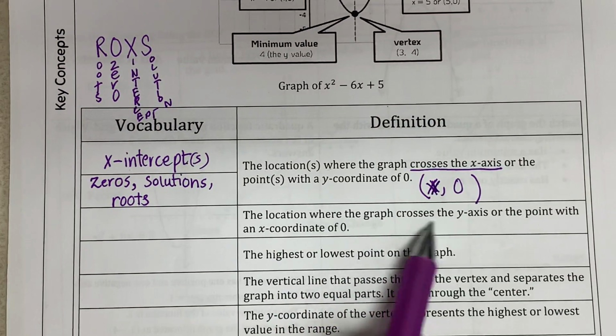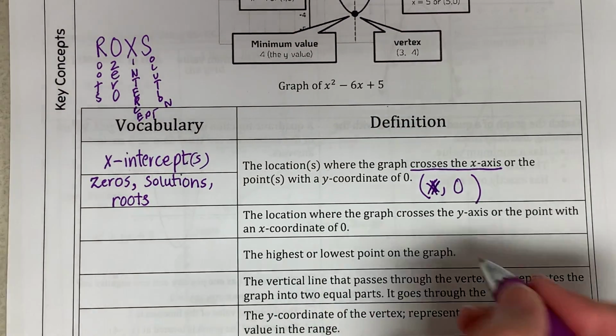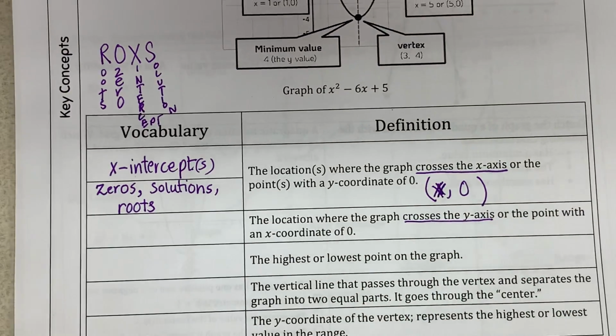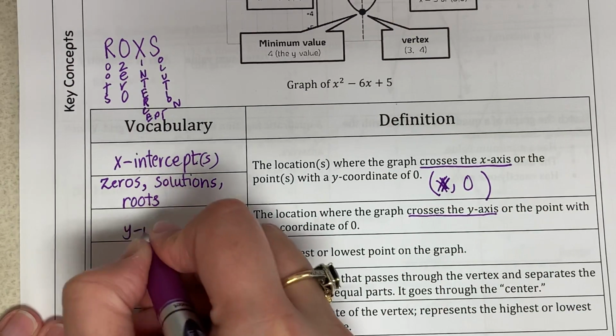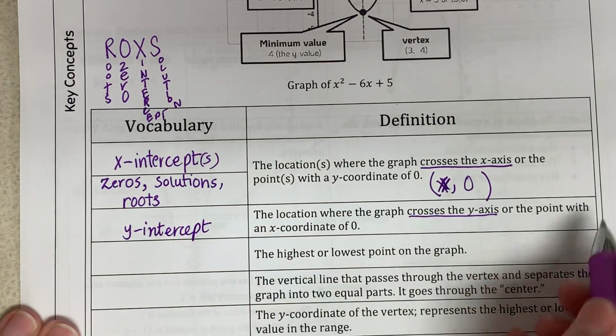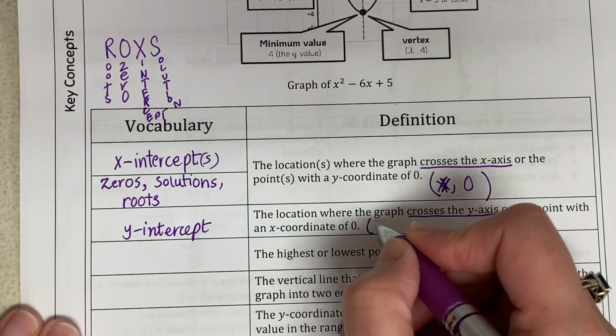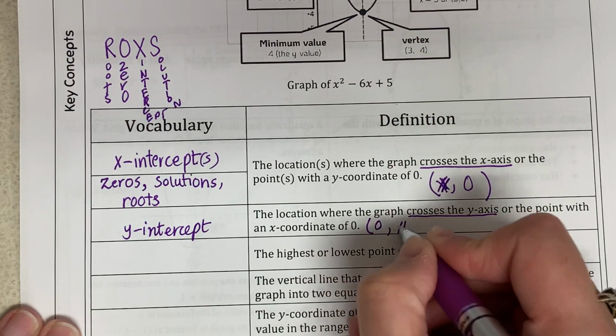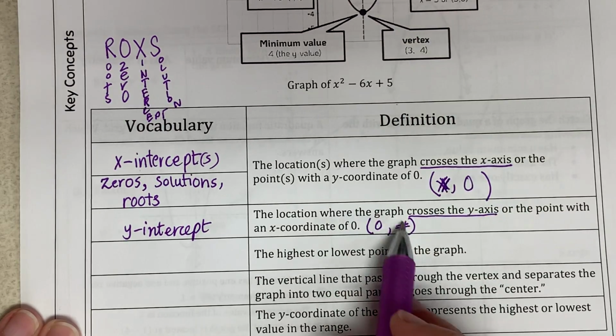The location where a graph crosses the y-axis was your clue that they're talking about the y-intercept. At the y-intercept, the value of x is 0, because y carries a number.